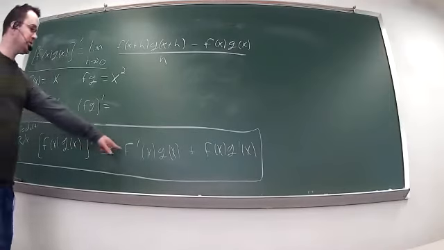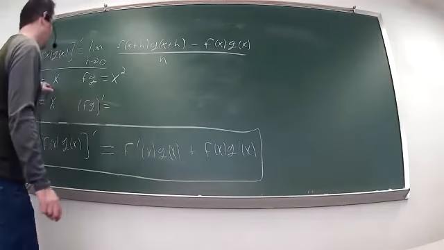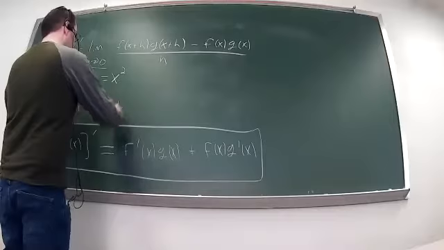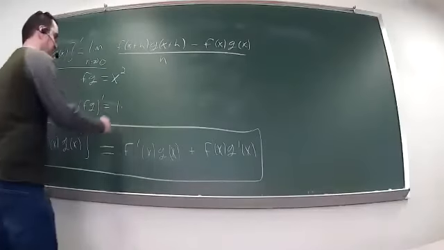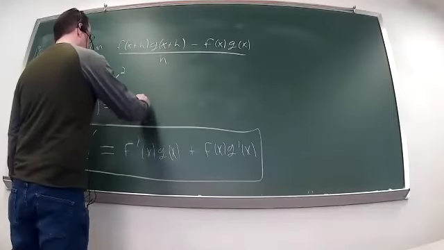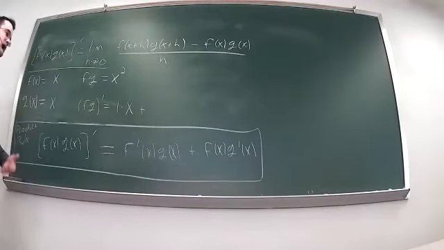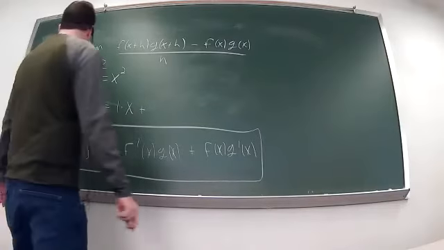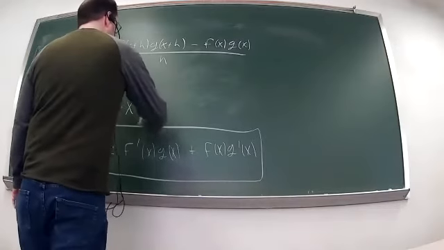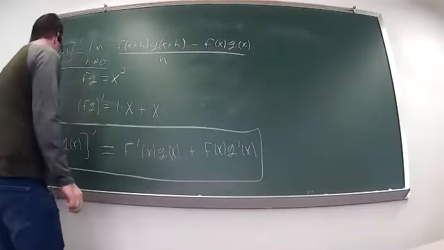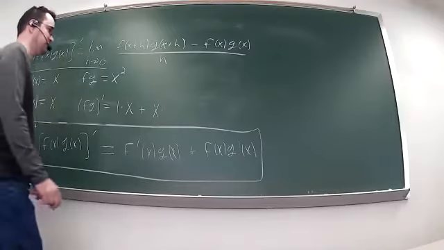Product rule says first take the derivative of f, which is 1, multiply it by g of x, which in this case is x. So 1 times x is x. And then add to that f of x, which is x, multiplied by the derivative of g of x, which is equal to 1.